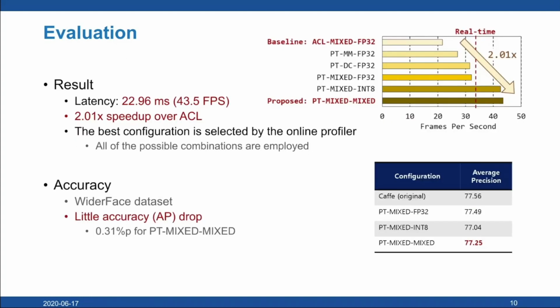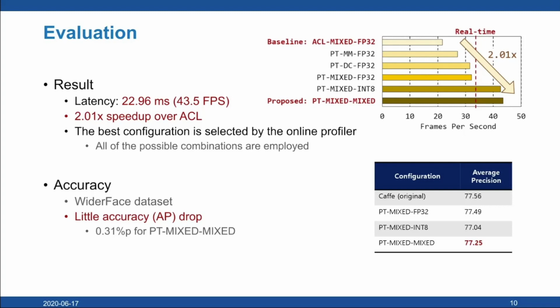As a result, we achieved a super real-time inference of RetinaFace. The latency of 22.96 milliseconds corresponds to 43.5 frames per second, which is a 2.01 times speedup over the ACL implementation. The best configuration is obtained by the online profiler from the 4 possible combinations.